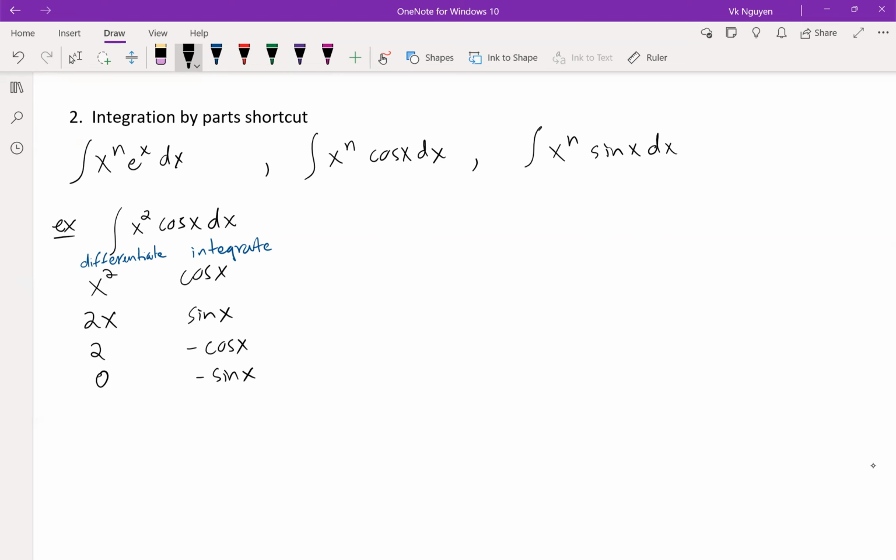Notice that when we do integration by parts, it is always uv minus the integral of v du. So we're going to stick the u times v: x squared times sine x, then 2x times negative cosine x, 2 times negative sine x.